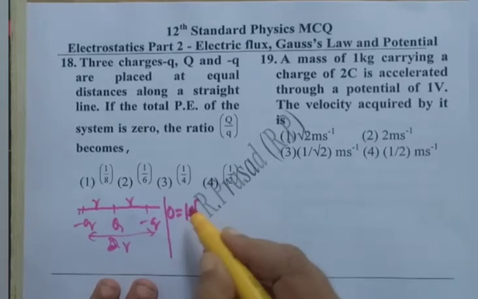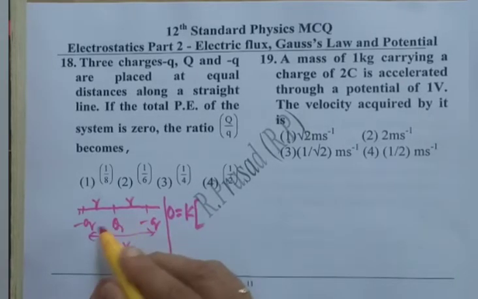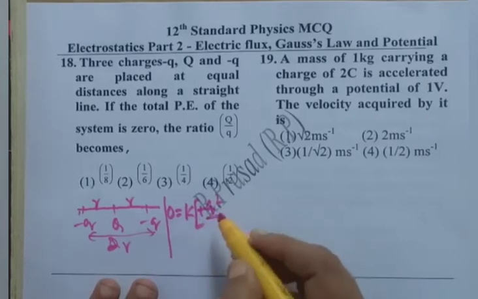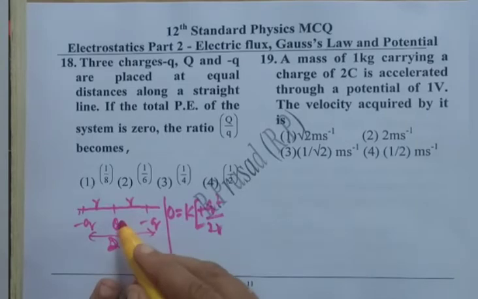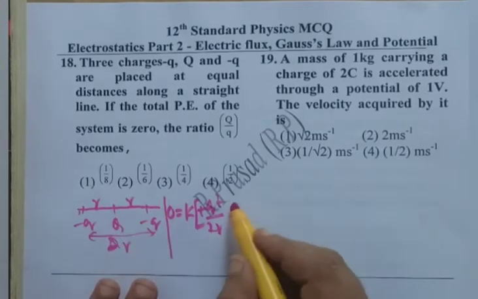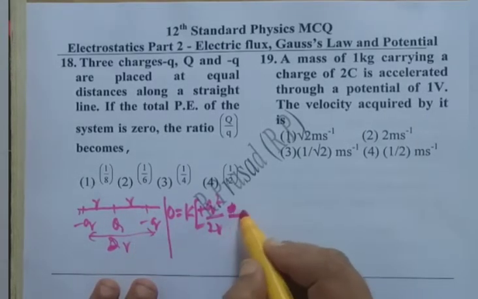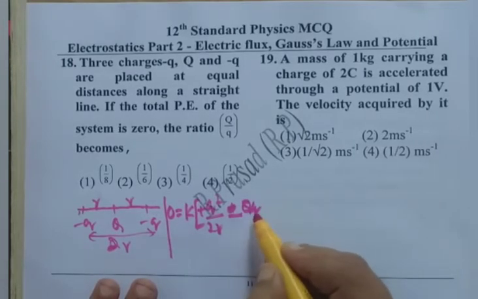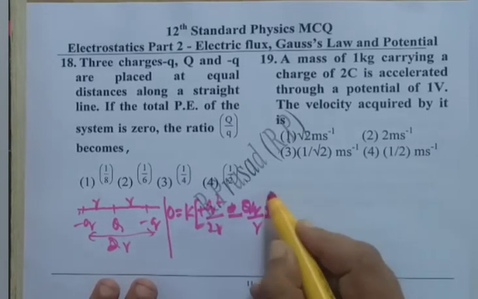K. And first we write these two charges, minus into minus plus Q square by 2R. And then we write this with this. Both of them are same, minus QQ by R into 2.